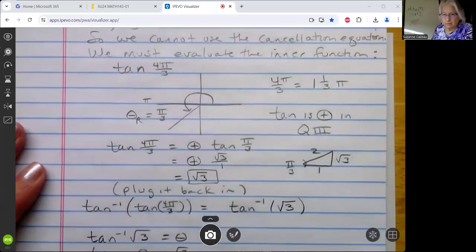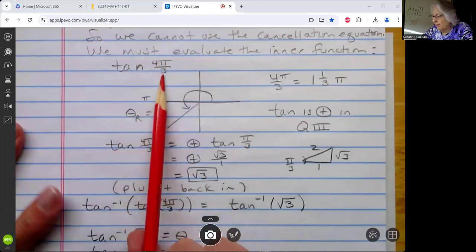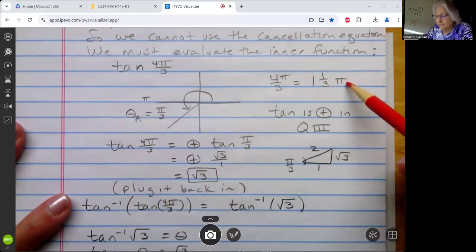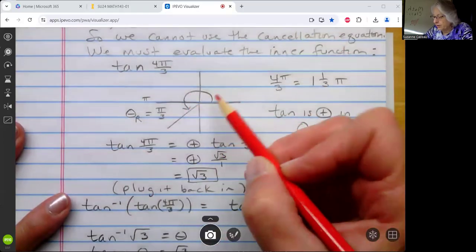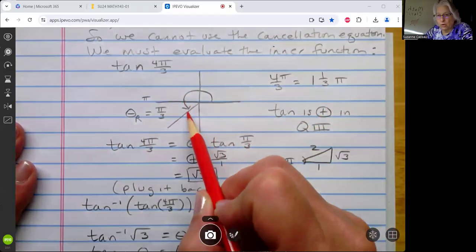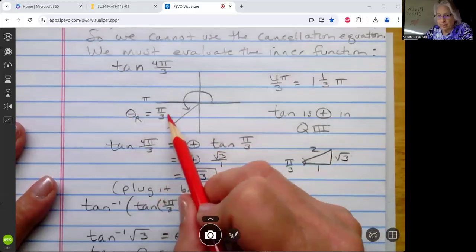So this is me evaluating the inner function: tangent of 4 pi over 3. That's going to be 1 1/3 pi in a positive direction. We go around 1 pi, and then 1/3 more. So the reference angle is pi over 3.